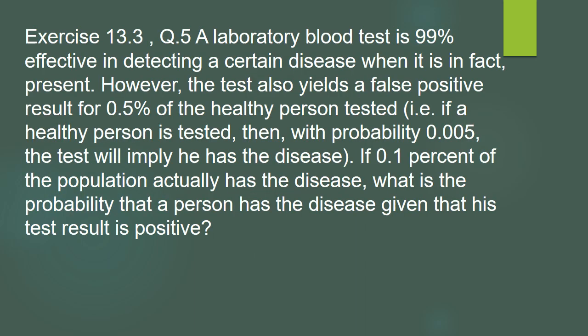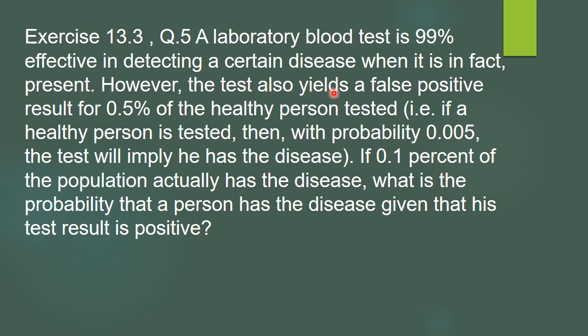Now one more question which is a little bit different. That is question number 5. A laboratory blood test is 99% effective in detecting a certain disease when it is in fact present. It means that if you have the disease, it is shown with 99%.